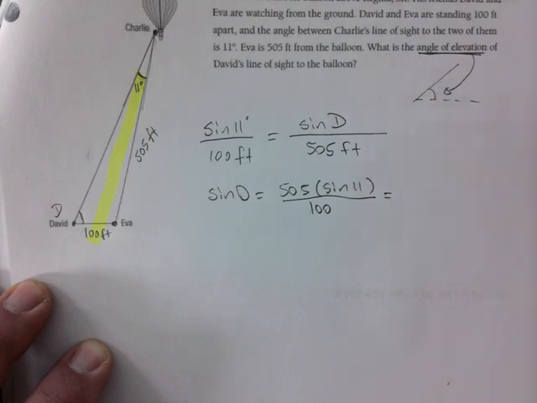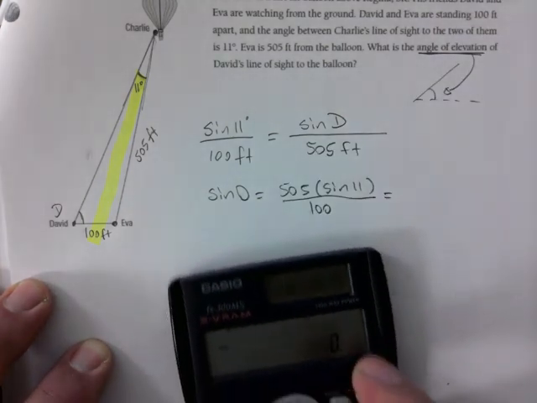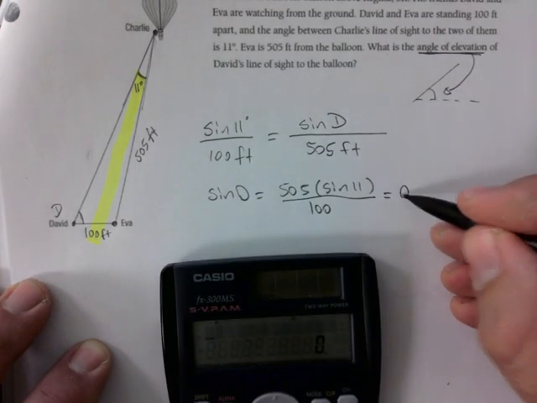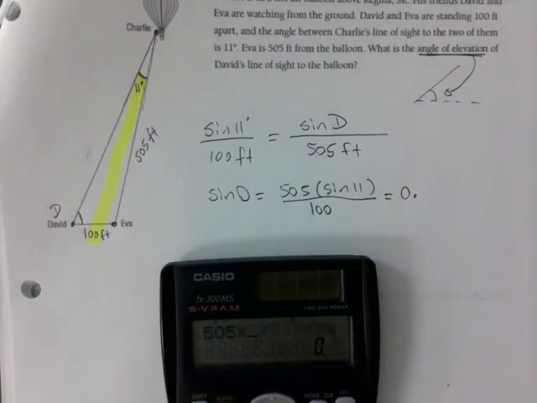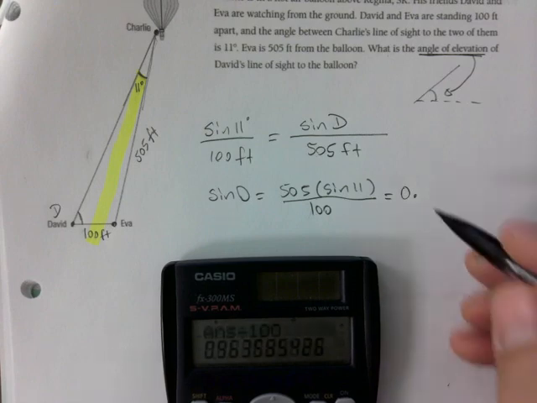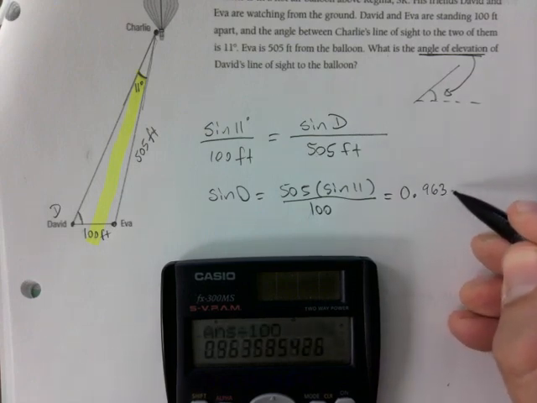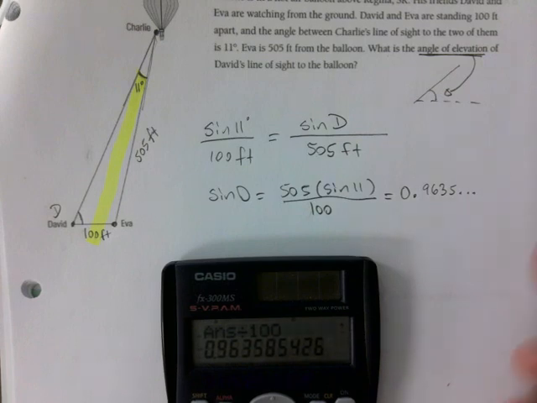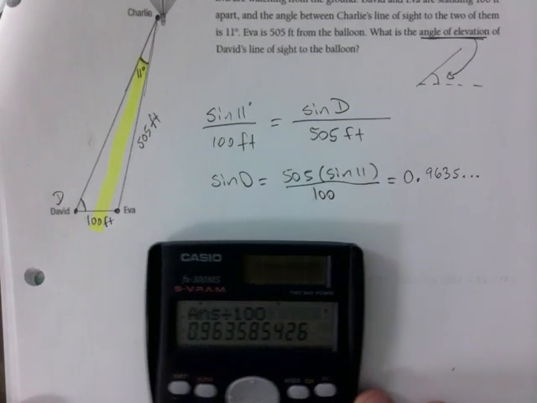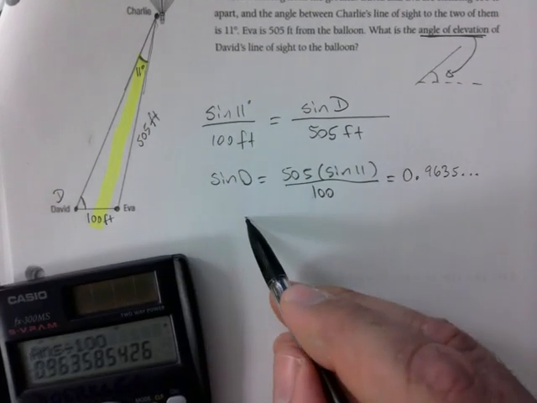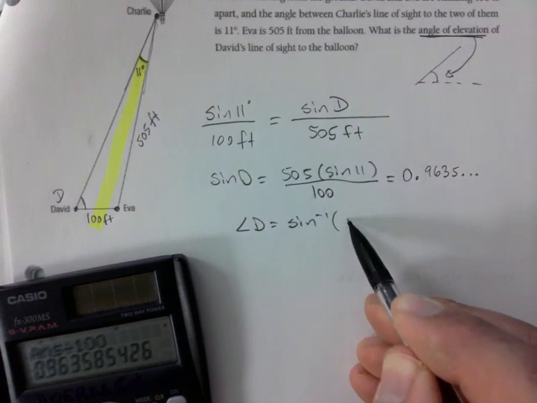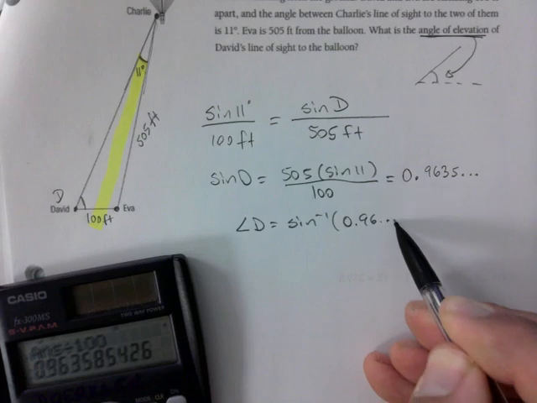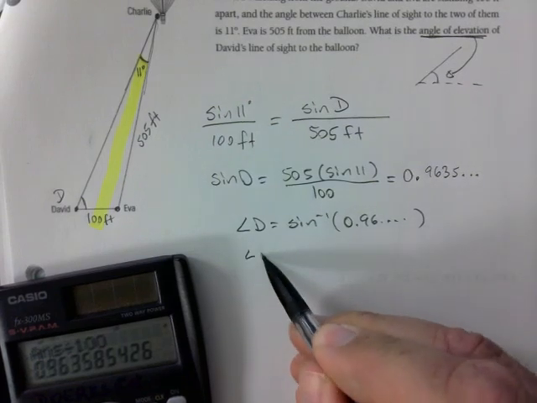And let's find out what this is. It better start with a 0, guys. So you should be able to do this already. Okay? So 505 times sine of 11 divided by 100. There it is. 0.9635... And your next step would be angle D is sine inverse of that. And here we go.